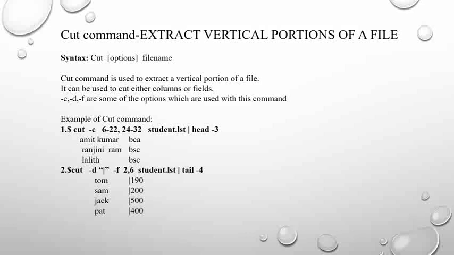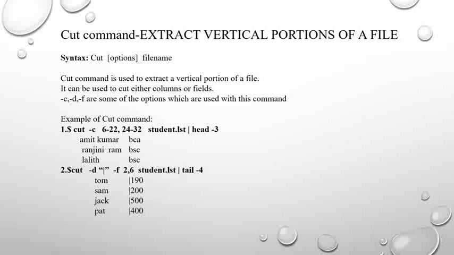So you can see what that is. I have got the output: the names of the last 4 students, Tom, Sam, Jack, Pat, and their numbers, nothing but the total marks, how many marks they have scored.